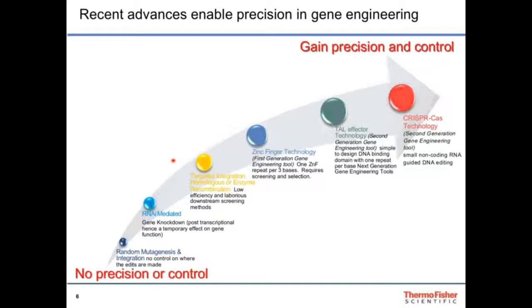It required creating targeting plasmids that had oftentimes very large flanking homology regions, up to 3 to 7 to 10 kilobases on either side of the element that we want to insert into the gene. This is not always very specific and efficient, so it took, again, a lot of screening to be able to isolate the properly edited, engineered clone that we're looking for.